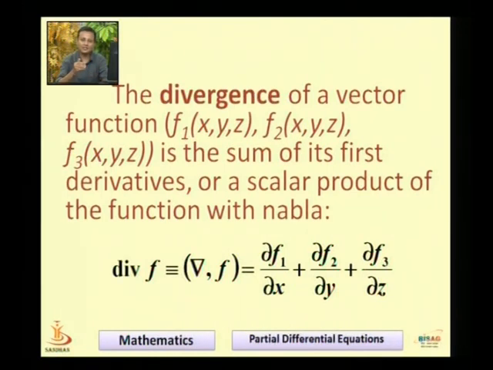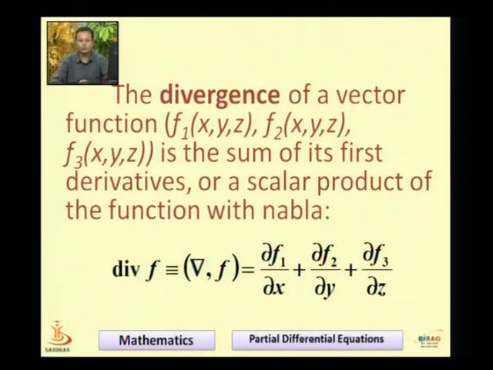A scalar function assigns a scalar to each point of the space x, y, z of R3. Similarly, a vector point function assigns a vector at every point of the space. For example, if you consider the vector point function x square i plus y square j plus z square k, then at point 1, 1, 1, it is the vector i plus j plus k.